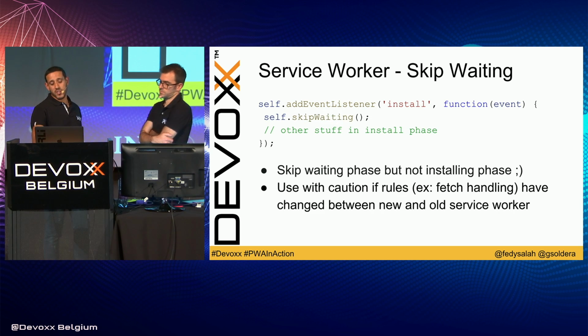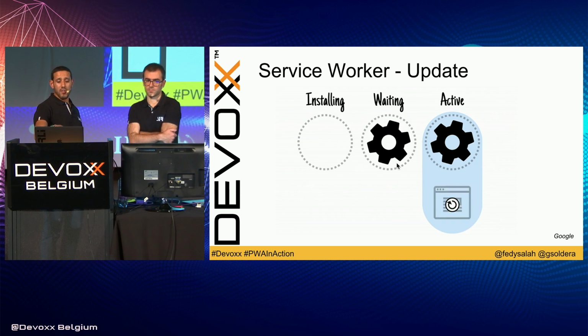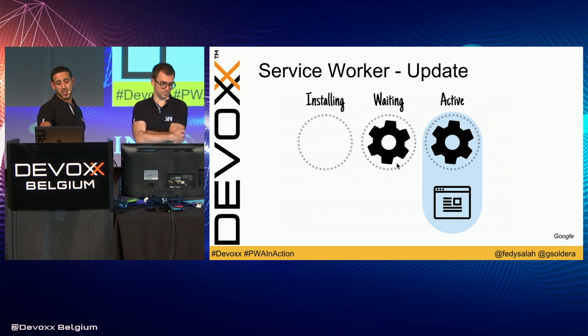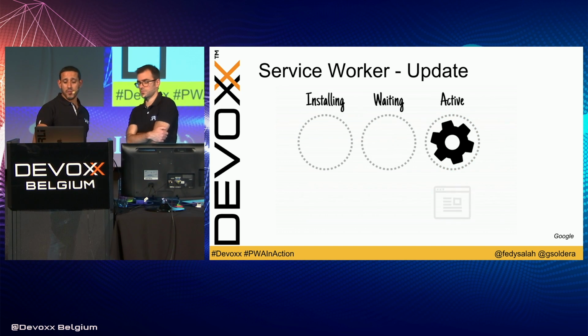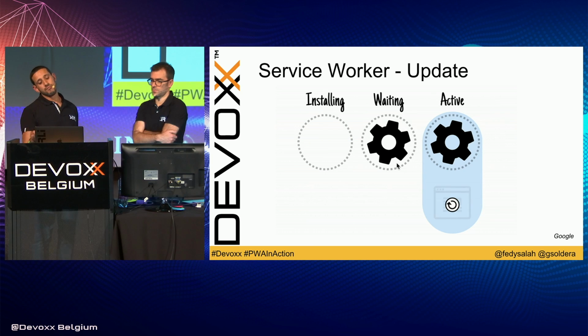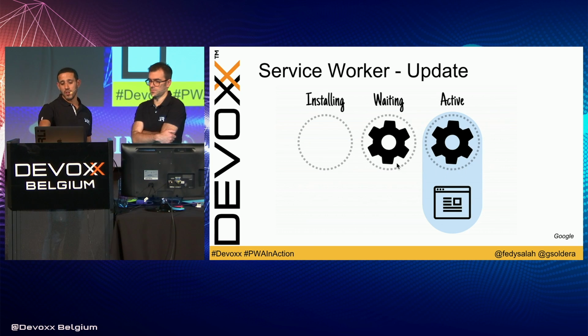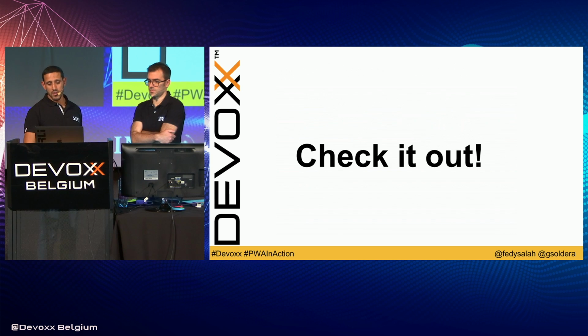Sometimes we don't have a choice, but most of the time skipWaiting can do the trick for us. On update, the newer version will be installed and pass to the waiting phase. After that, either we call skipWaiting or we close all the tabs, and then the newer version will be active and control the page.